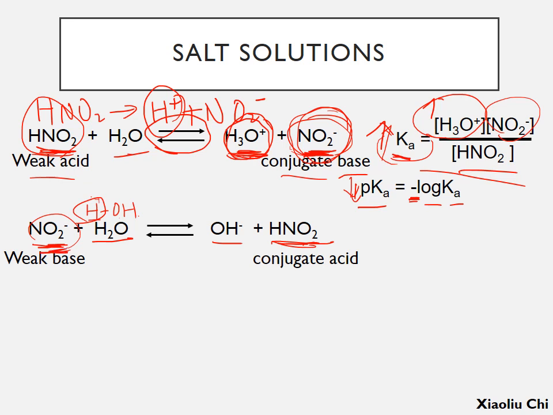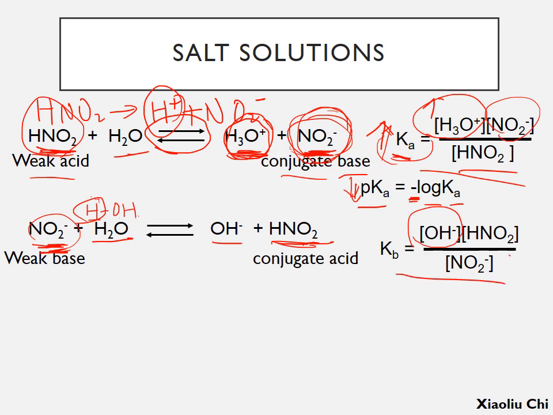All right, and this also has an equilibrium constant. This equilibrium constant indicates how much hydroxide ion is formed. If we again ignore water concentration, then this is called the base ionization constant, Kb, because it tells you how much hydroxide is formed.